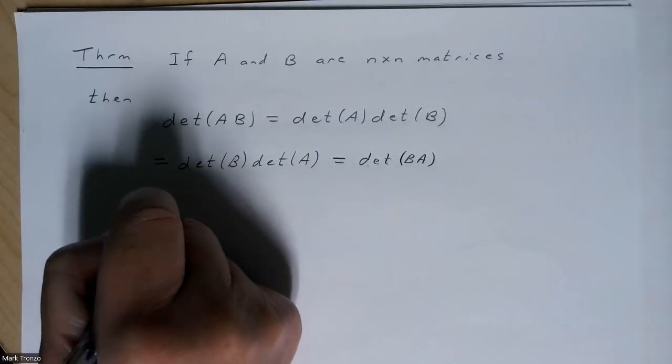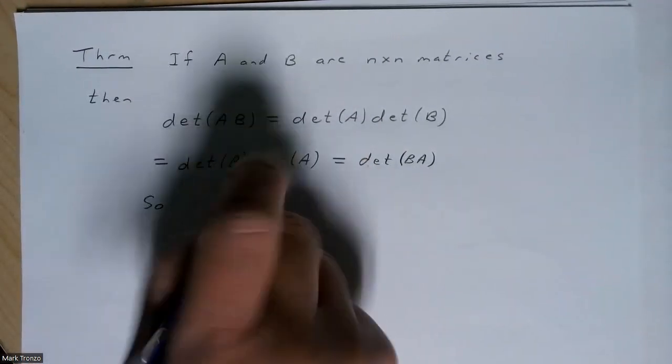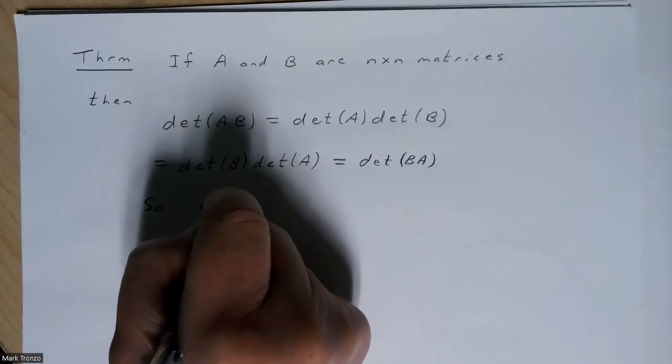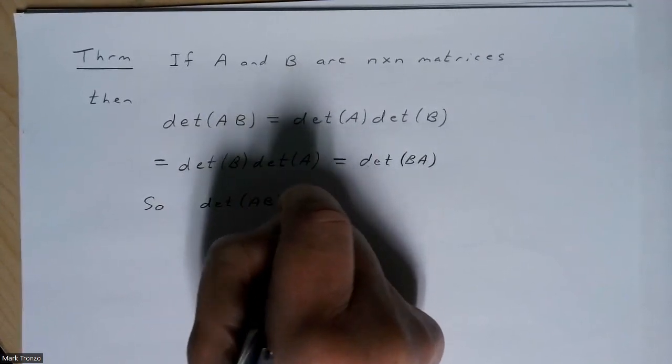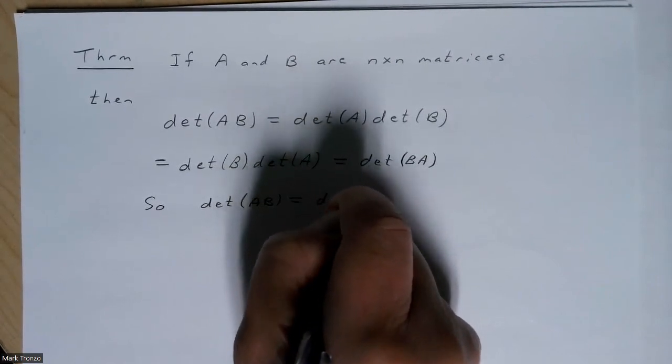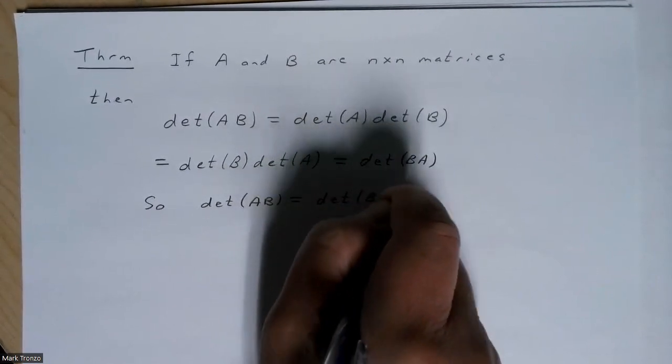So what this string is telling us is the determinant of AB is equal to the determinant of BA.